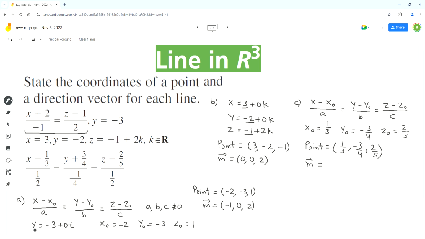In the given equation, the A value is 1 over 2, so it is the x component of the direction vector. The y component is B, which is equal to negative 1 over 4, and the z component is C, which is equal to 1 over 2. So this is the direction vector of the third given line. So this should be the final answer.